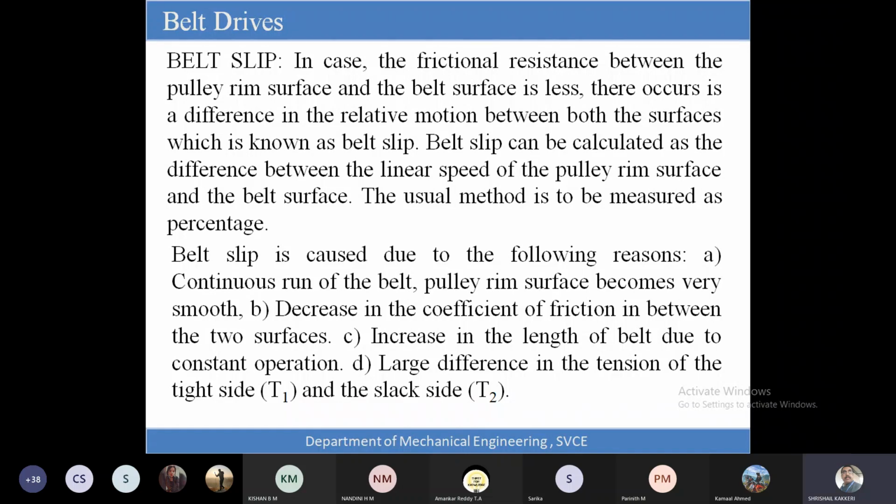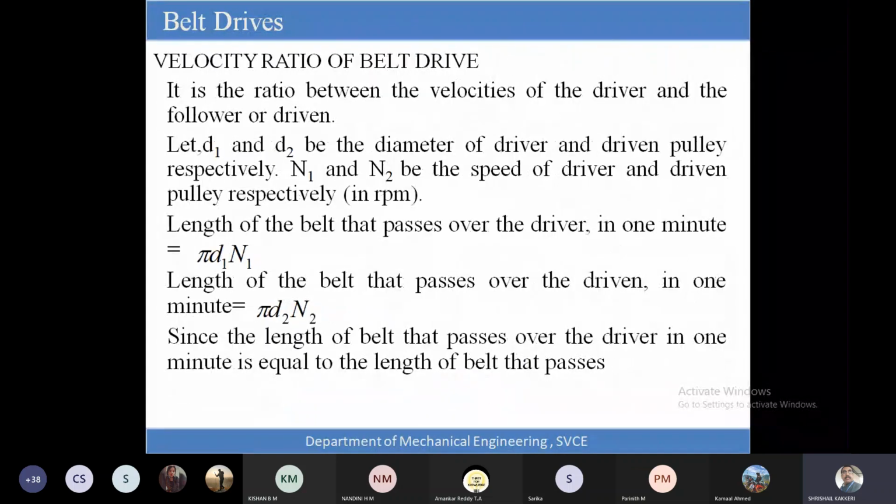And due to the creep, the length of the belt will be increased, and due to this, a larger difference in the tensions will happen in the tight and the slack side. These are the 4 reasons due to which there will be a slip in the belt. So please remember, the creep in the belt and the slip in the belt, these 2 are very, very important for the understanding of the belts.